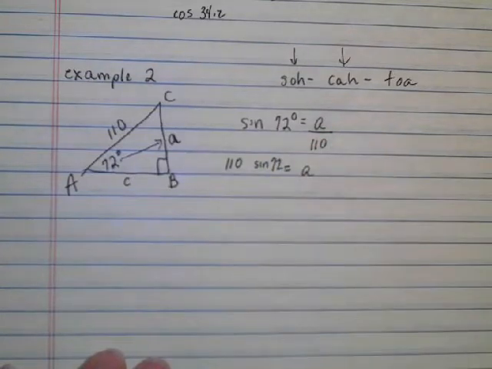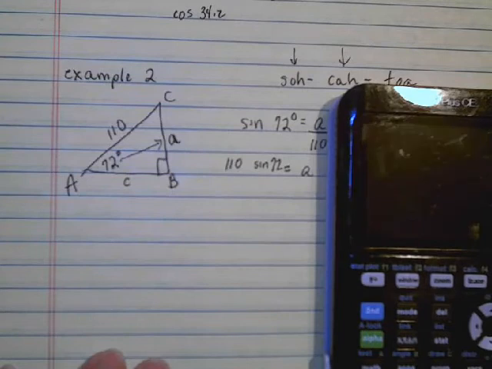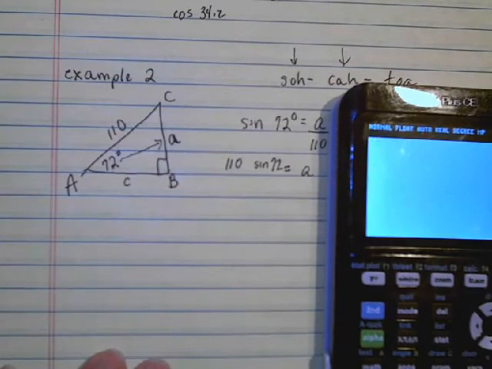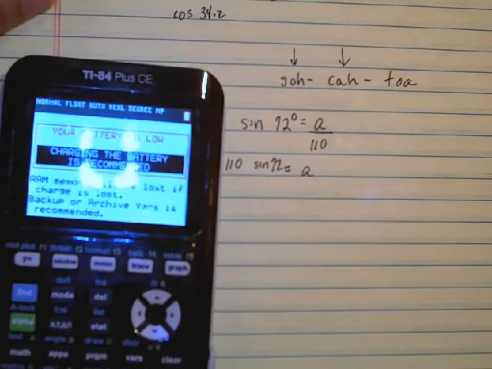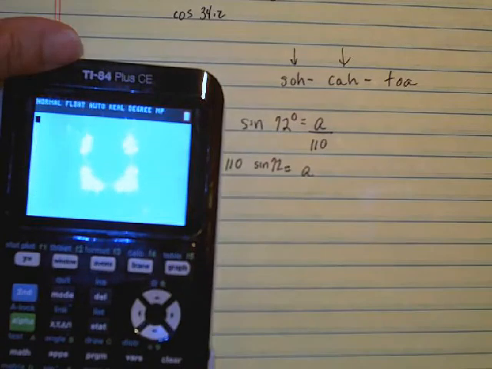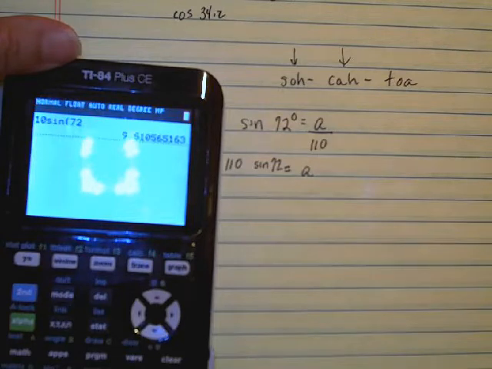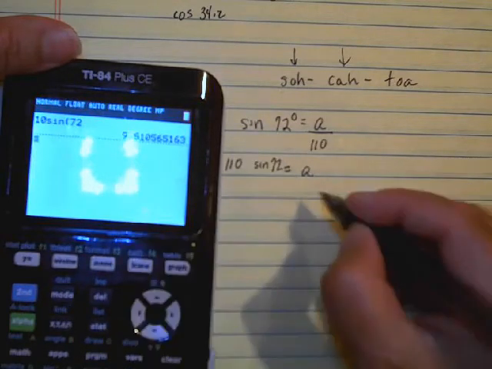And then I'm going to type that right straight into my calculator. So I'm going to type in 10 sine 72. So that side must be 9.51.